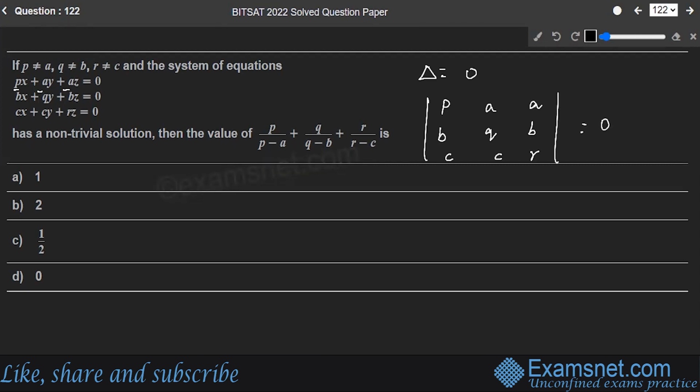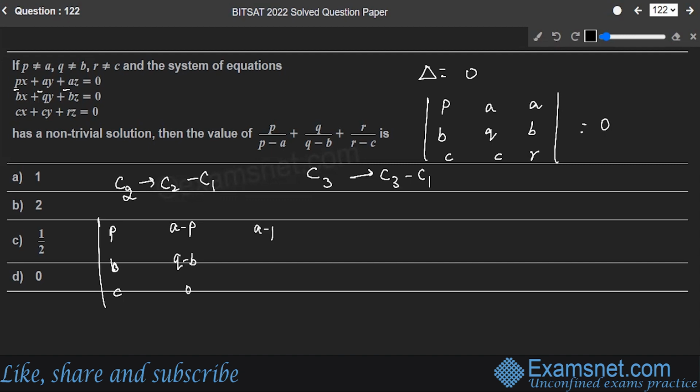Let's apply some transformations. You will perform C2 as C2 minus C1 and C3 as C3 minus C1. So the first column now remains P, B, C itself. Here you will have A minus P, Q minus B, and 0.